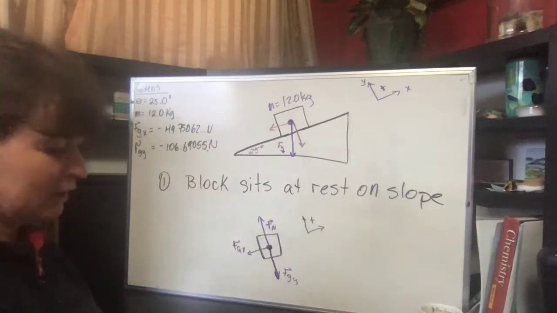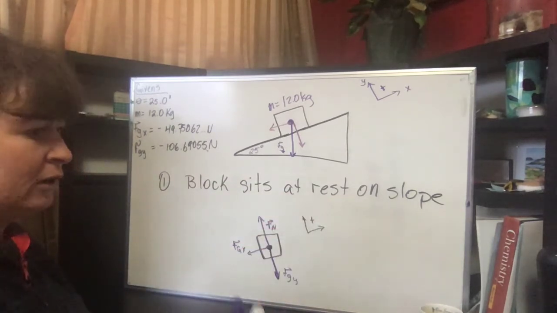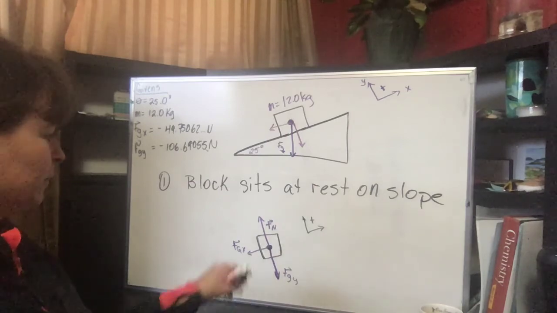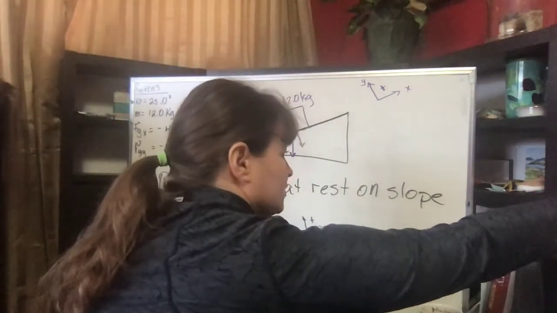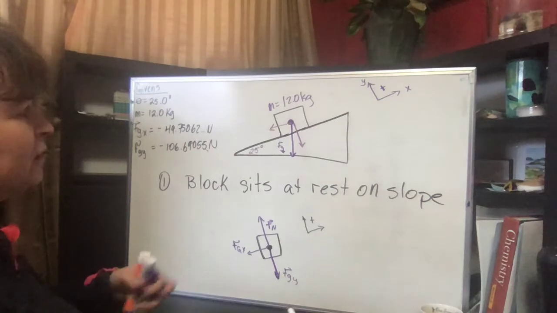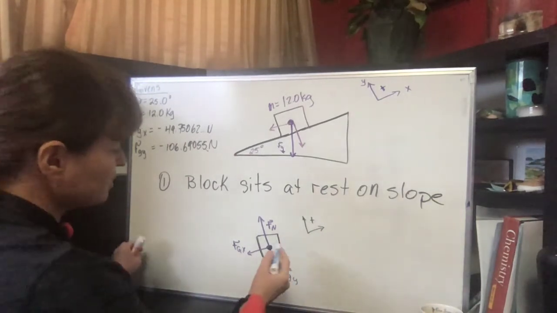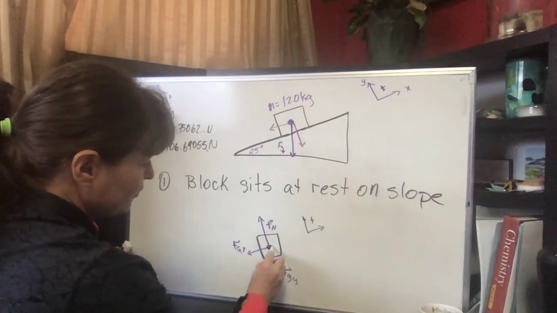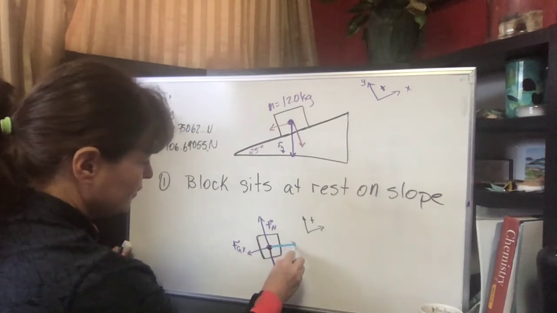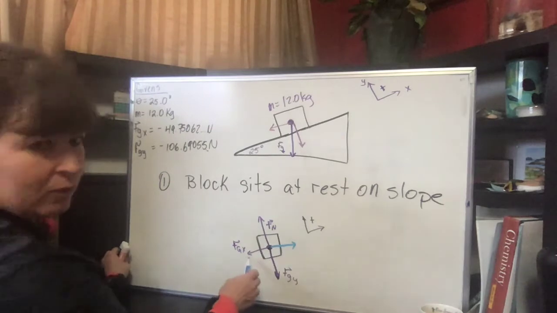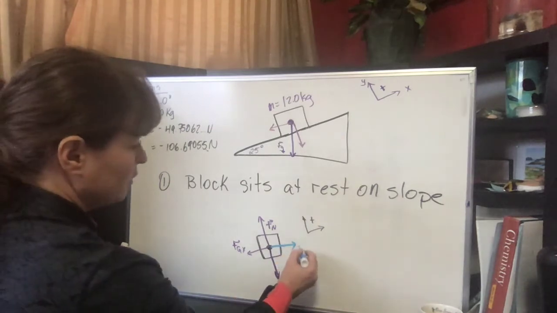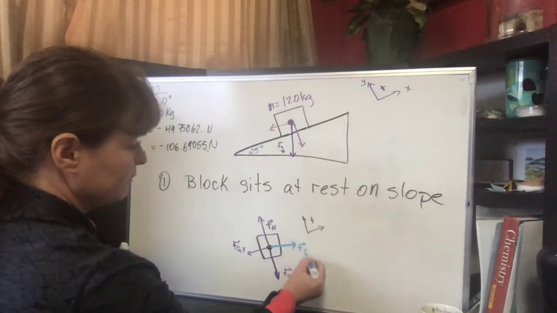So that means we must have another force on our free body diagram that's causing that. If it's simply sitting there, no one's pushing it, there's no ropes holding it on or anything else, then that means we have an equal length arrow, hopefully those look equal lengths to you, of friction.